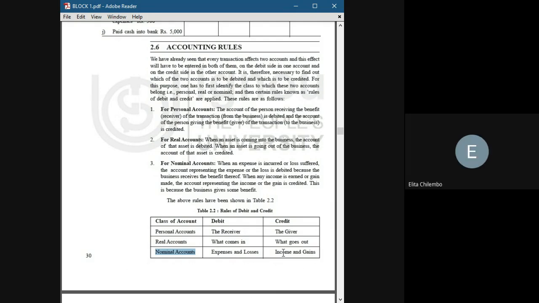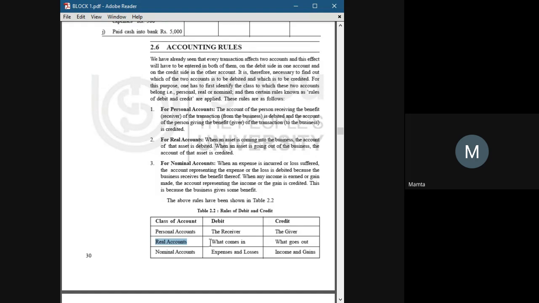Not clear on the real account, madam. Can you repeat? Real account is related to assets like machinery, land, building, furniture, and the cash and the bank.